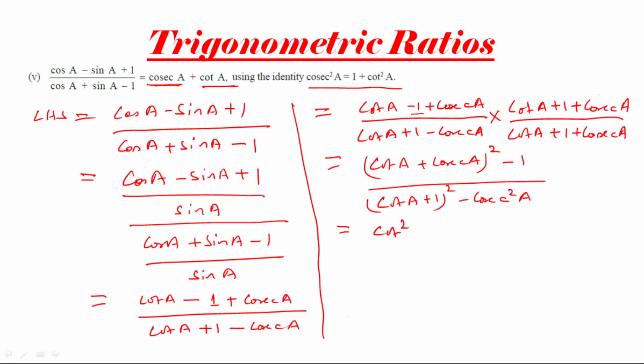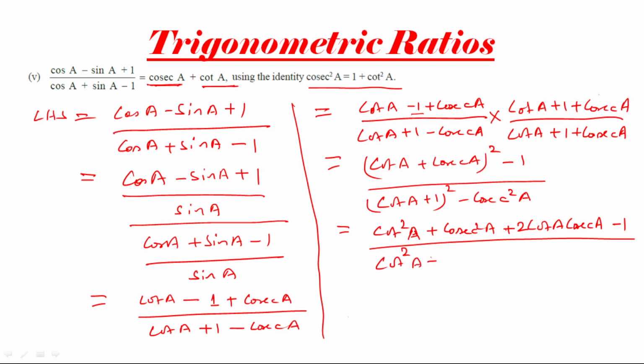So it will become cot square A plus cosecant square A, okay, plus 2 cot A cosecant A minus 1 divided by cot square A plus 1 plus 2 cot A minus cosecant square A. So let us write the formula itself here.